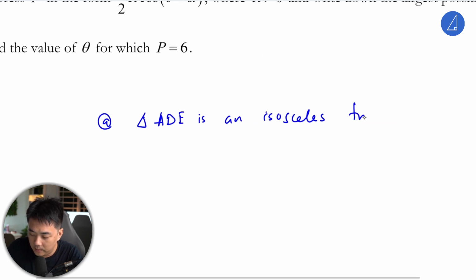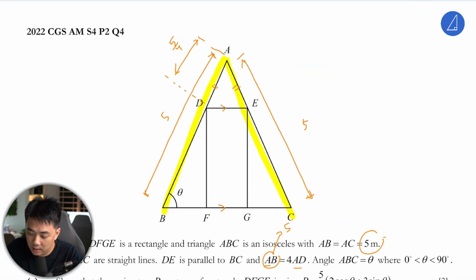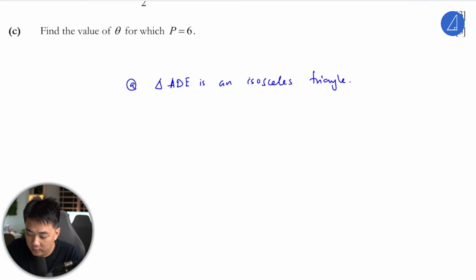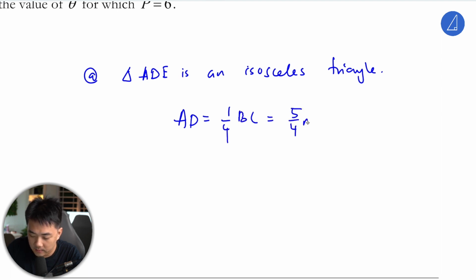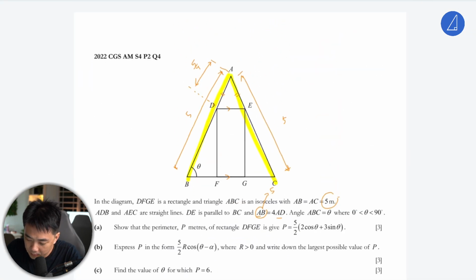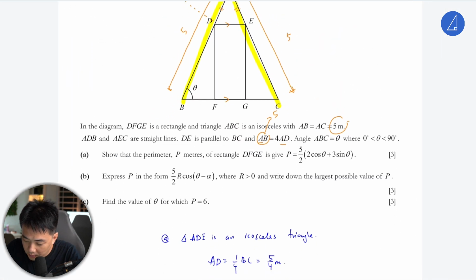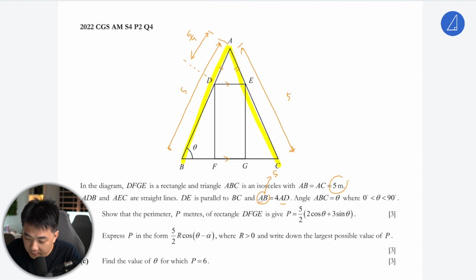Okay, then what we need to do is actually just, we know that AD is 5 over 4, so AD equals to 1/4 of BC, which is actually 5 over 4 meters. Okay, then what we need to find is the perimeter of DFGE.